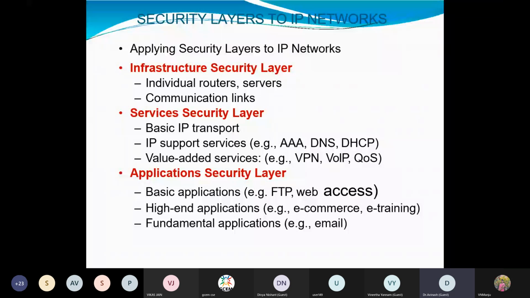So these are the value added services. And at the application security layer, we have the email services, the e-commerce services, and the browsing services. All these services are happening at the application security layer.